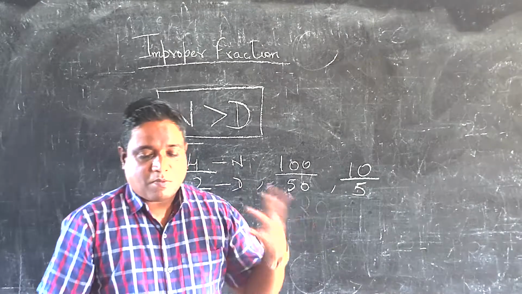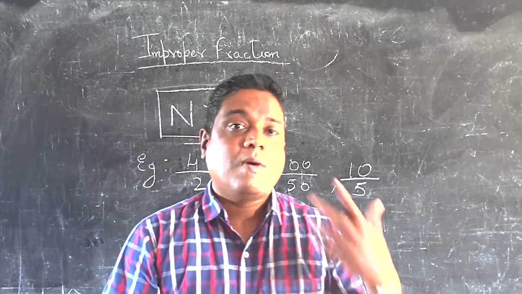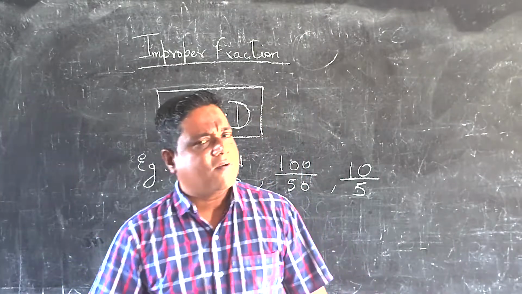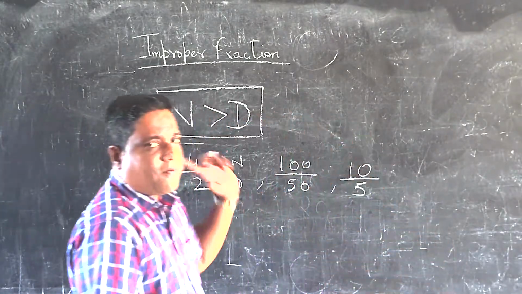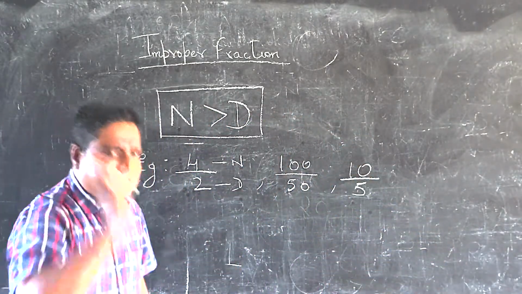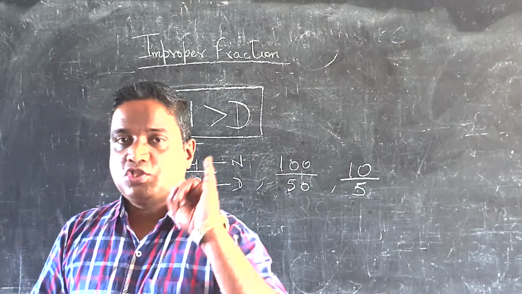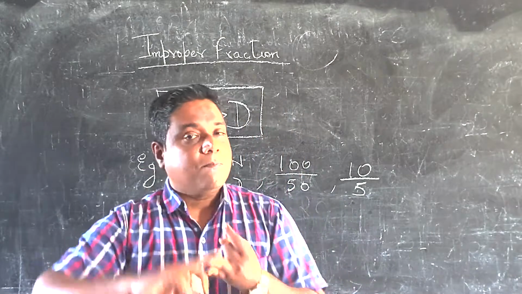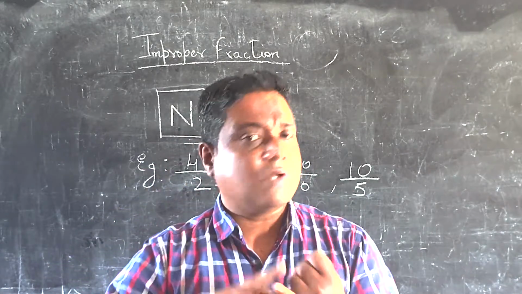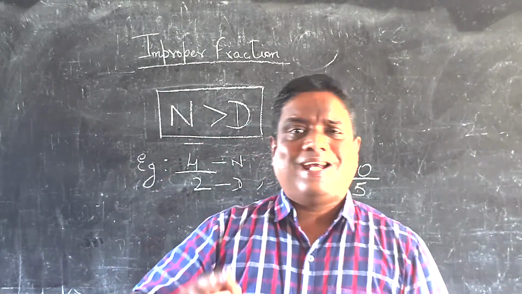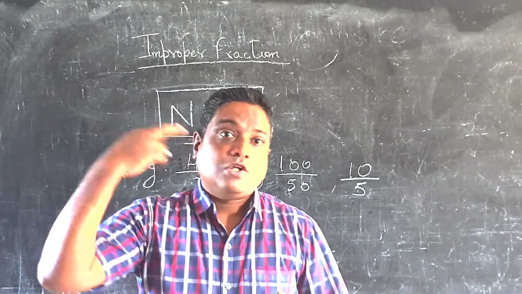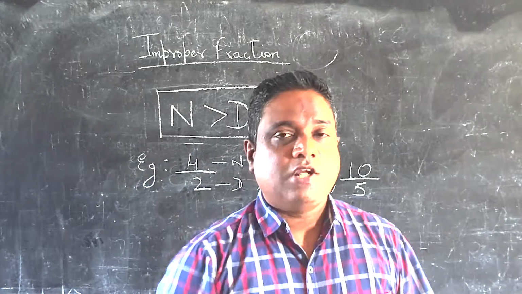An improper fraction is a fraction wherein the numerator is greater than the denominator, and a proper fraction is one wherein the numerator is less than the denominator. So we have finished two fractions: one is the proper fraction and one is the improper fraction.